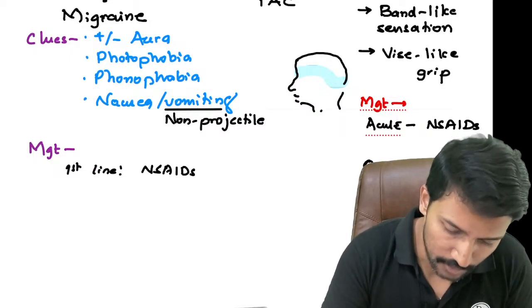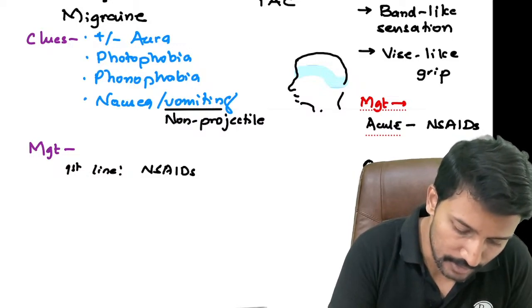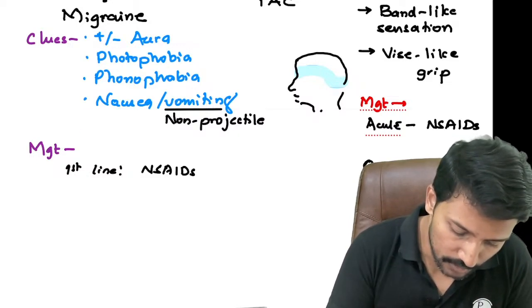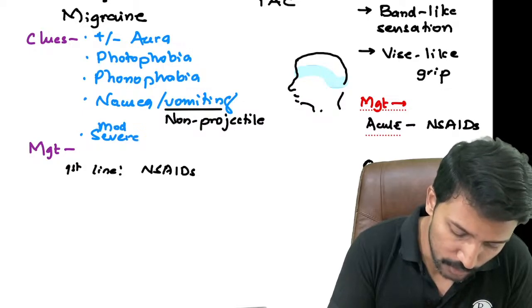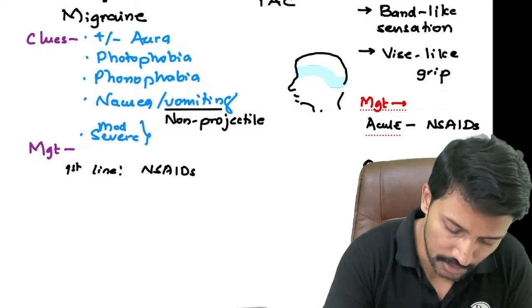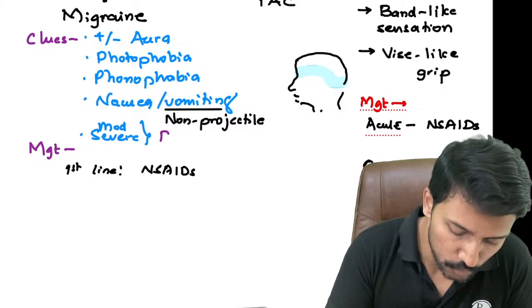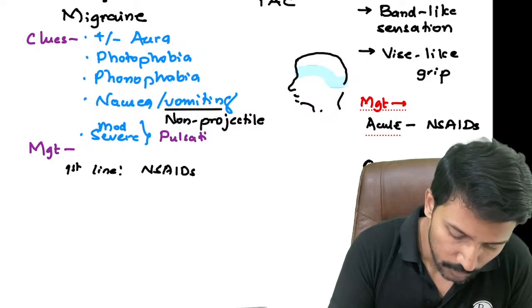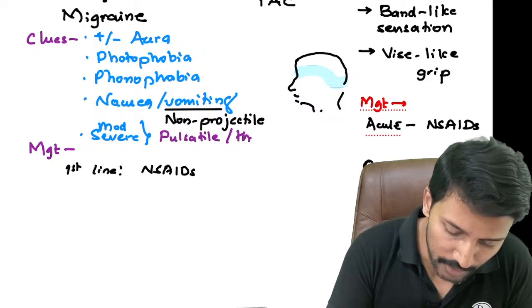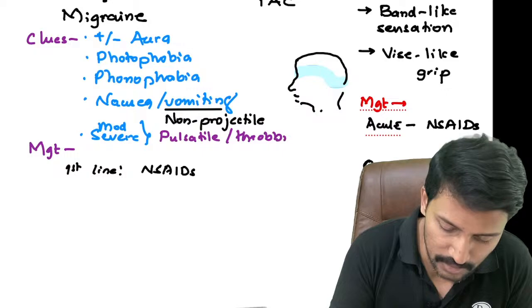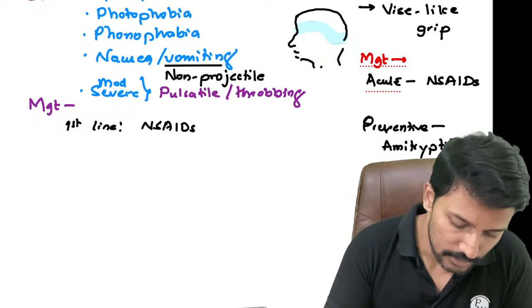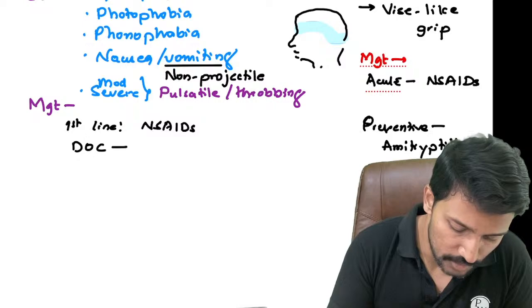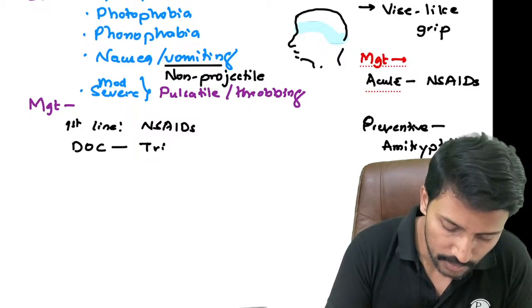I forgot to mention another clue that the examiner will give you is that these headaches of migraine are usually moderate to severe, not mild to moderate like we see in patients with tension type. And because it is moderate to severe, usually patients describe it as pulsatile or throbbing headache. They will come and say, "Sir, it feels like my head is bursting," a throbbing headache. First line NSAIDs, but NSAIDs are not very effective. That is why the drug of choice is going to be triptans.